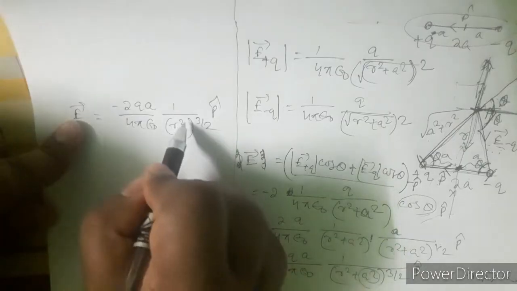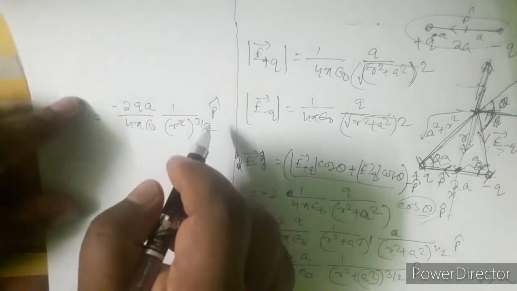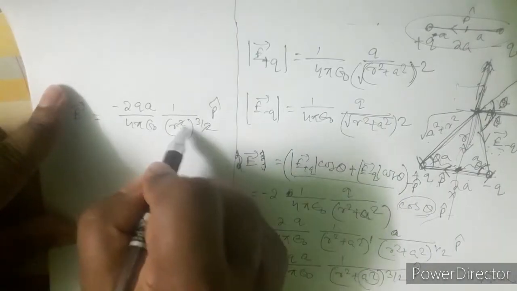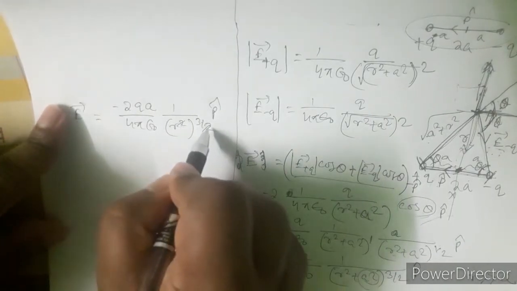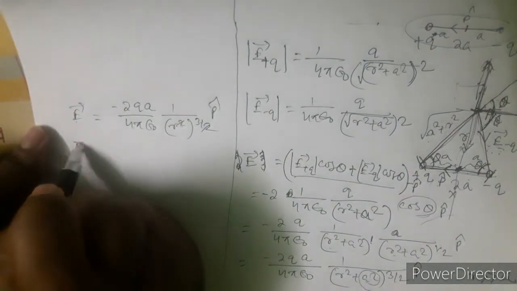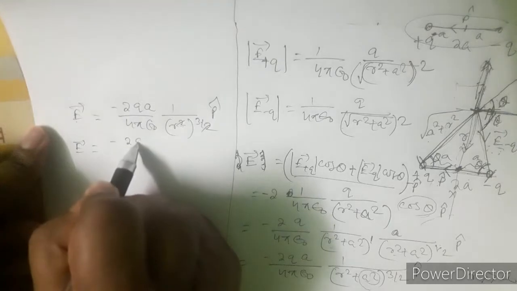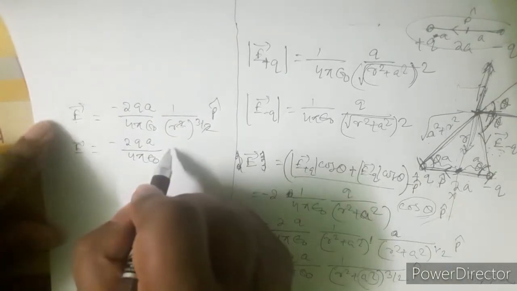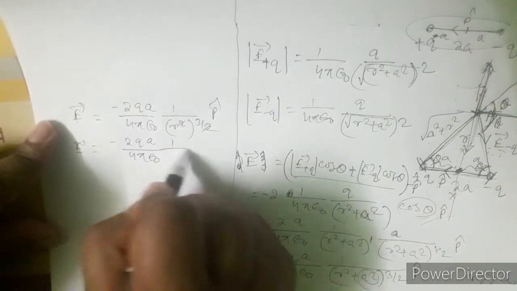R square to the power 3 by 2 means the powers are multiplied, 2 into 3 by 2, so the 2 cancels and 3 remains. So E is equal to minus 2qa by 4 pi epsilon naught, 1 by r cube, p cap.